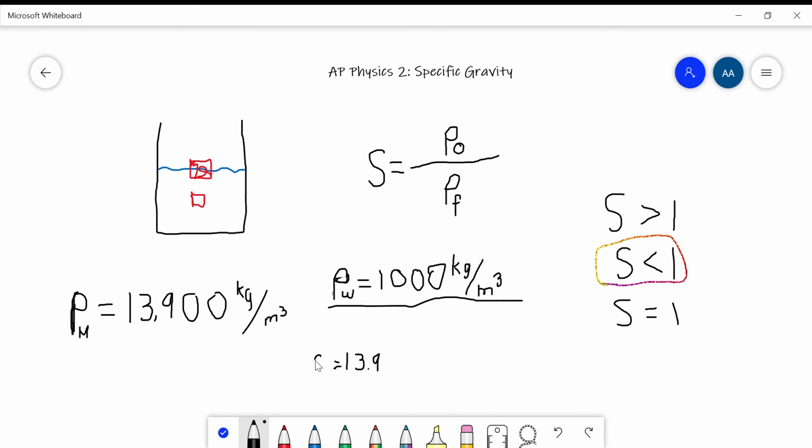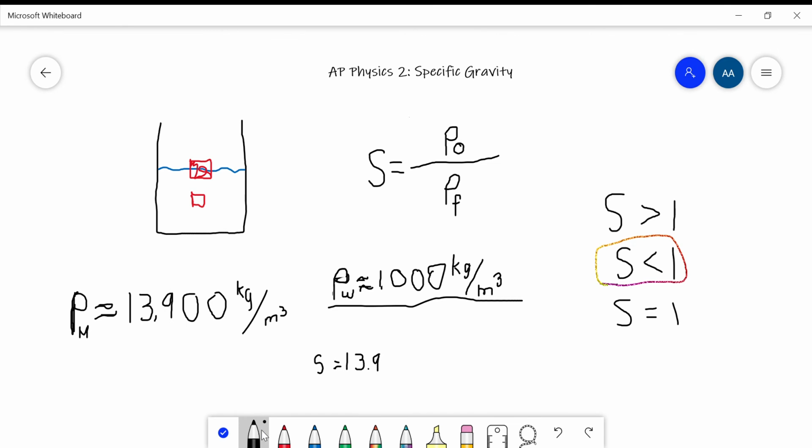By the way, this is an estimate, not exact. In physics 2, or in any high school physics class, you won't really need the exact value. These are just estimates, but estimates are good enough.